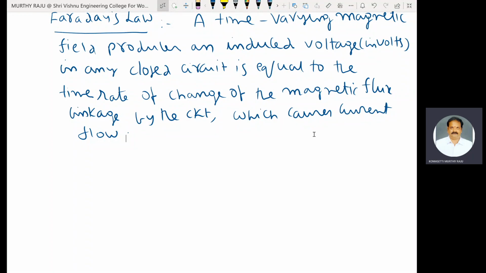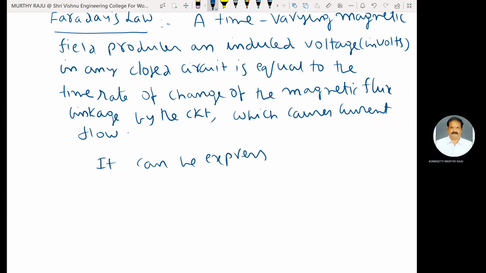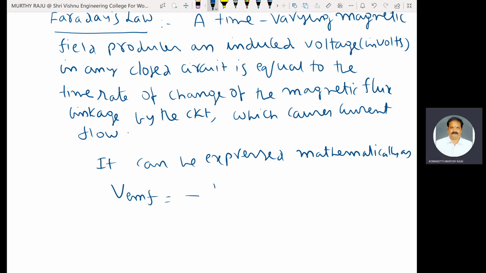Mathematically, it can be expressed as V_EMF is equal to minus dλ/dt, or minus N dψ/dt, where ψ is called the magnetic flux, and N is the number of turns in the circuit.